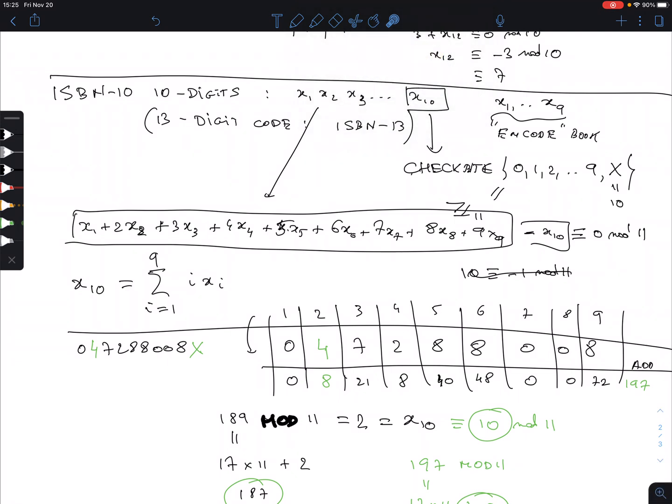This is a 2, 4, 6, 8, 10-digit number, so 10 million or 100 million, however you count it, possibilities, but you have only 11 different outcomes. So many, many numbers will have the same residue mod 11, or will be divisible by 11, in other words, will give 0 here, and therefore are valid ISBN numbers.